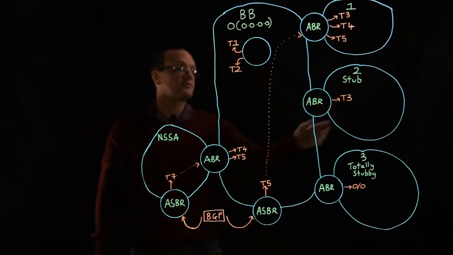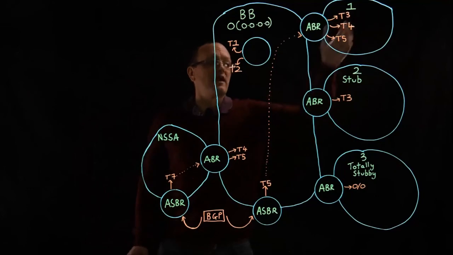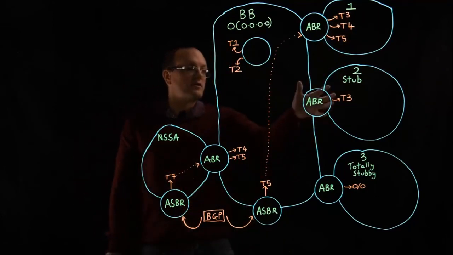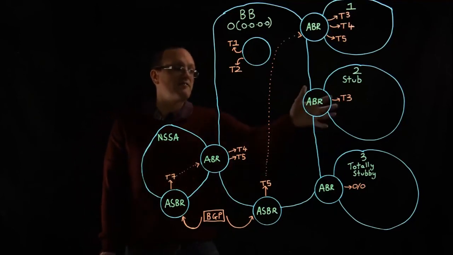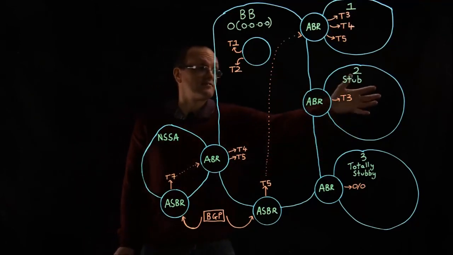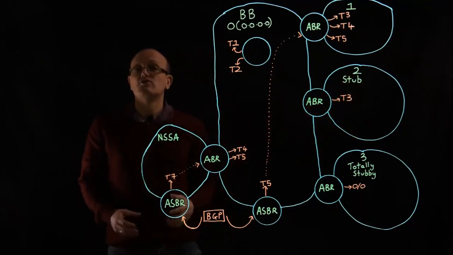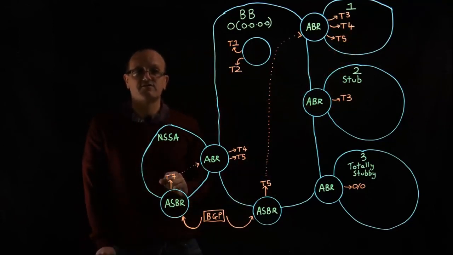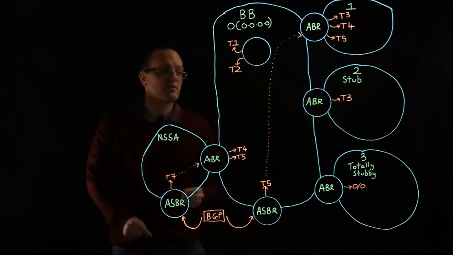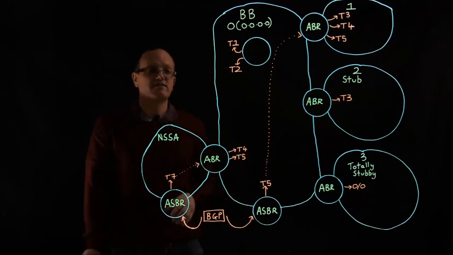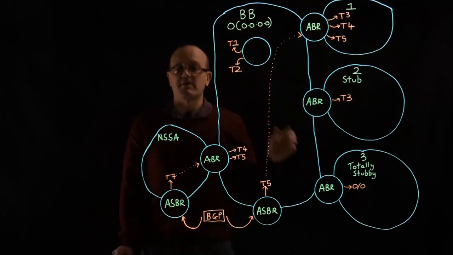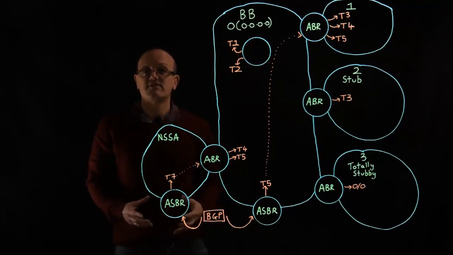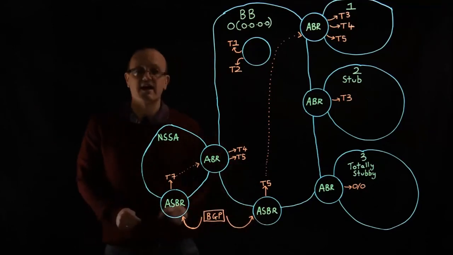Stub areas are much like other areas, the only difference being that the ABRs, the area border routers that interconnect to stub areas, do not flood type 4 and type 5 LSAs. So stub areas only know how to reach destinations within an OSPF domain. They don't know how to reach routes that have been redistributed into OSPF via ASBRs.